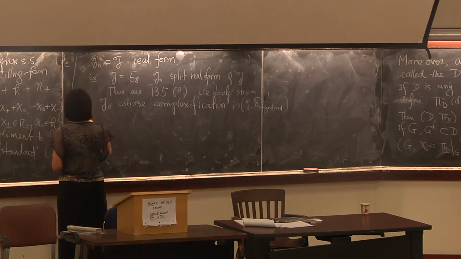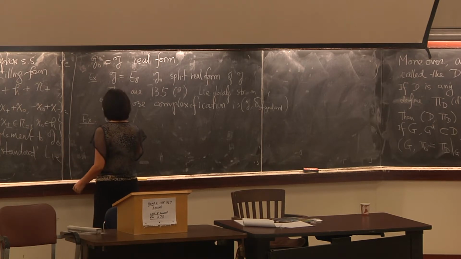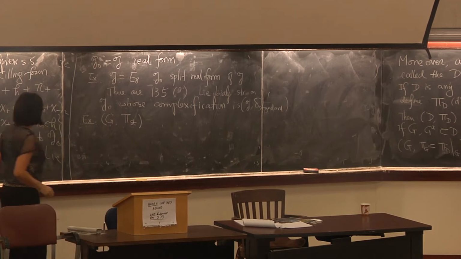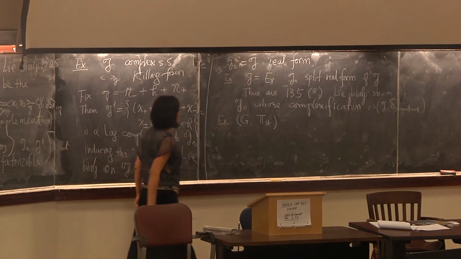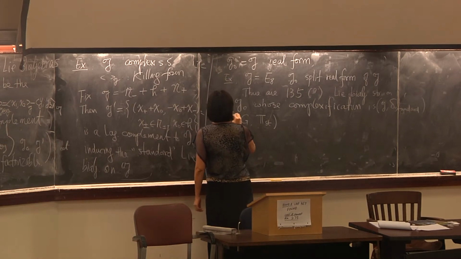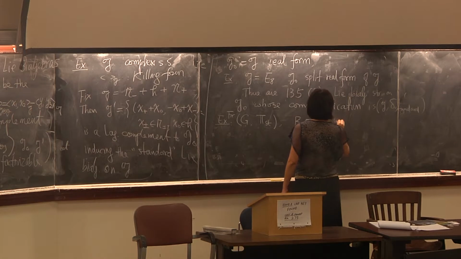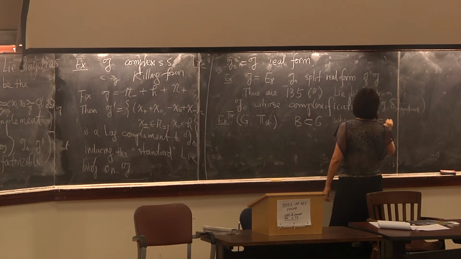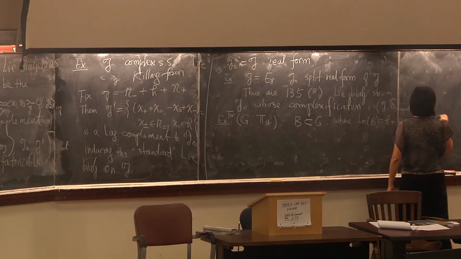So in this example, for the G pi standard, by that I mean the one that integrates this one, okay? For this, the Borel B, where the Lie algebra of this B is h plus n minus, is a Poisson Lie subgroup.